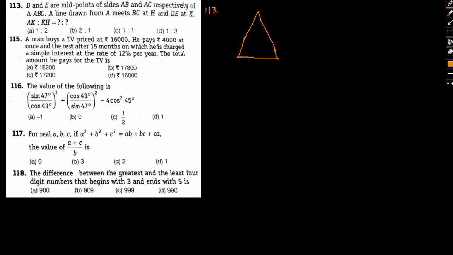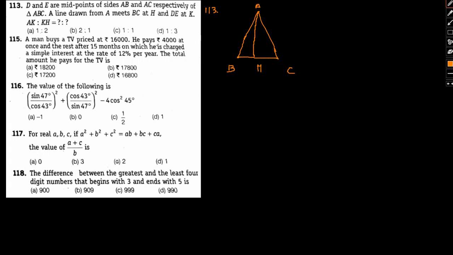So basically we have a triangle, the triangle is ABC. A, B, C. A line drawn from A meets BC at H. Okay, so we draw a line from A, it meets BC at H, and DE at K. So what is DE now?